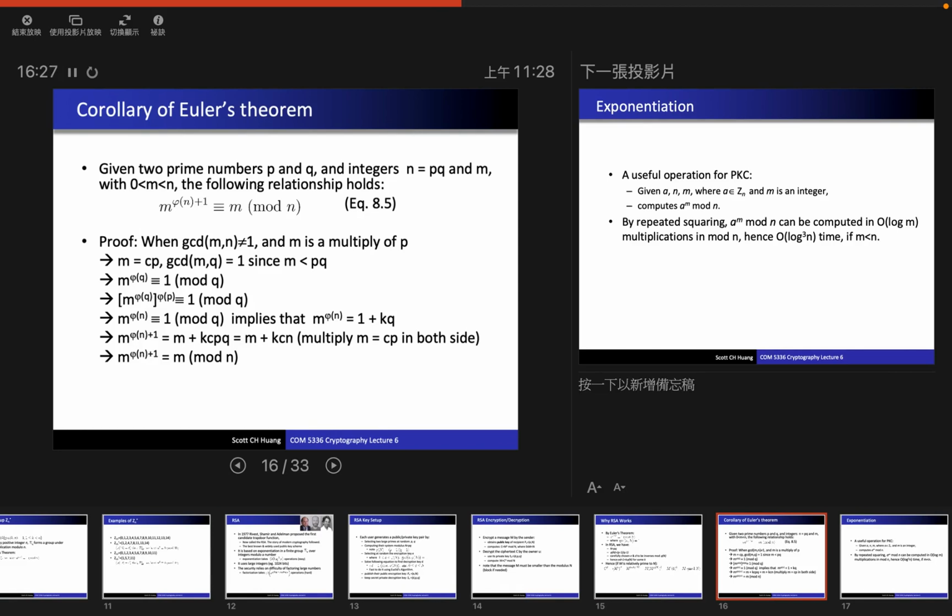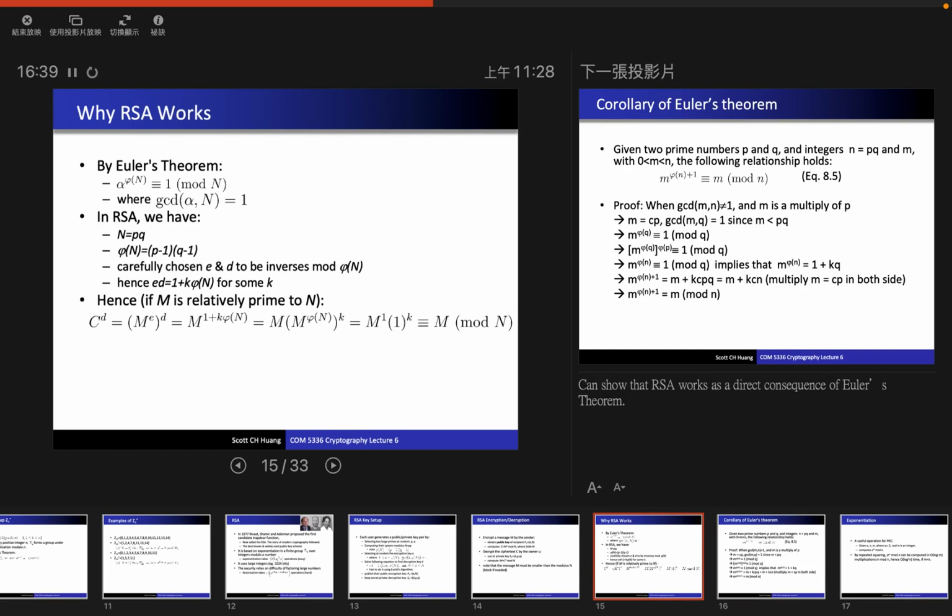So this is for your reference only. If your plain text is not relatively prime with your n, it actually still works, but the proof on this page will not work. It fails when your plain text is not relatively prime. So the problem is, can you find a mechanism to change your plain text so that it's always relatively prime to n?